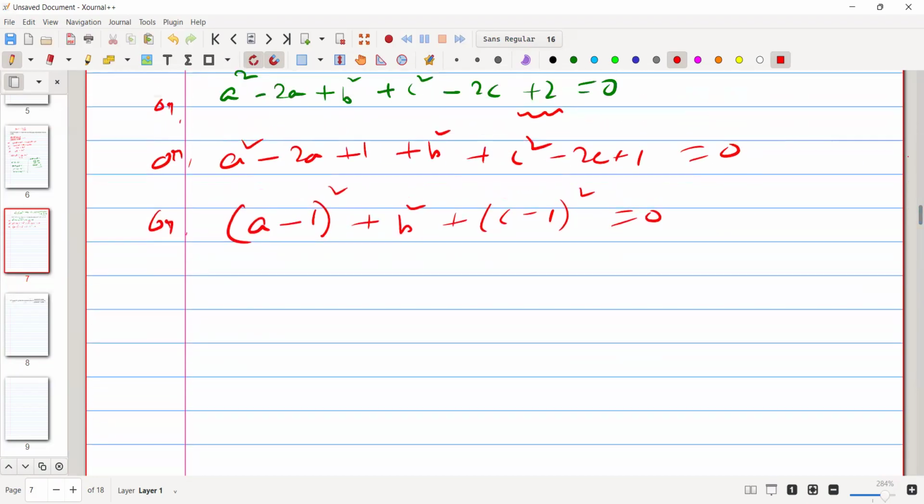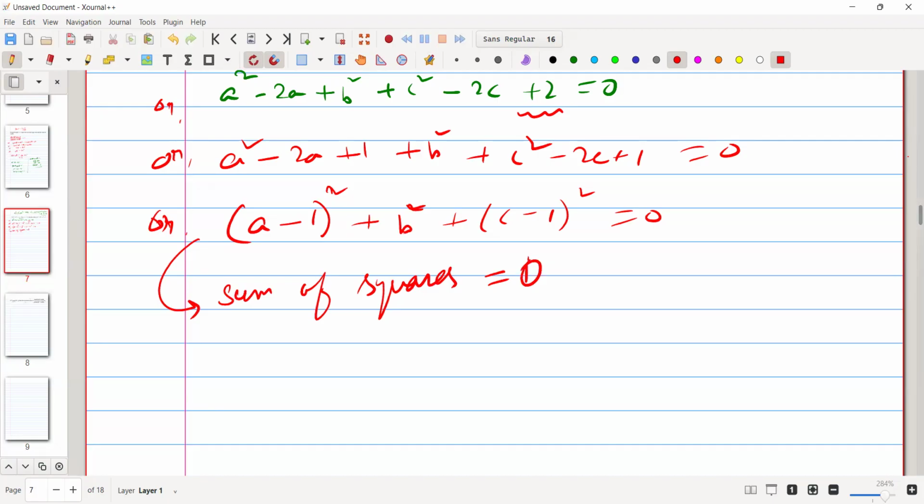Okay, and now we have arrived at information that the sum of squares is equal to 0.